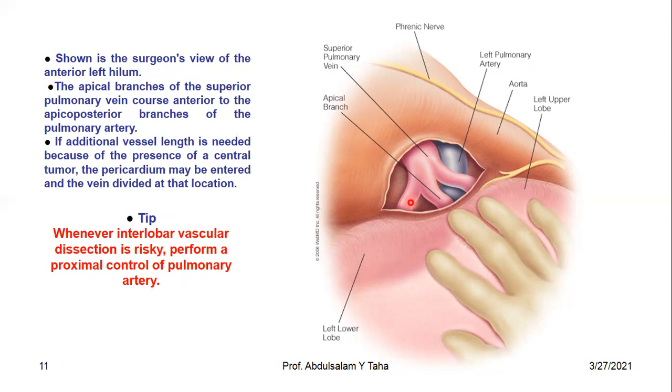And we have to mention an important point. Whenever interlobar vascular dissection is risky, we have to perform a proximal control of the pulmonary artery.